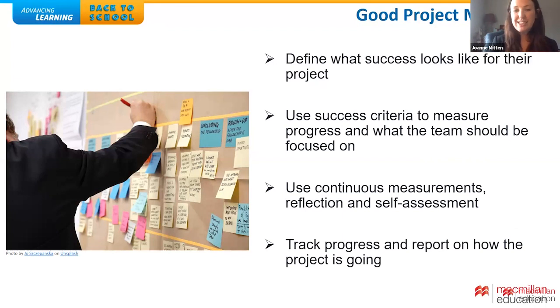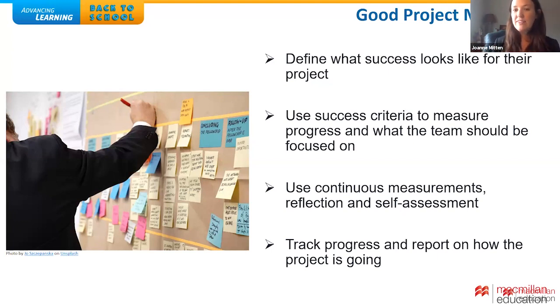And really importantly, and it's the same in the professional world, we're all professionals and we've all completed projects and had to hand them in or report to a manager. Your students should be tracking their own progress and reporting on how the project is going. And it's within this budding project manager structure that you can assess them.